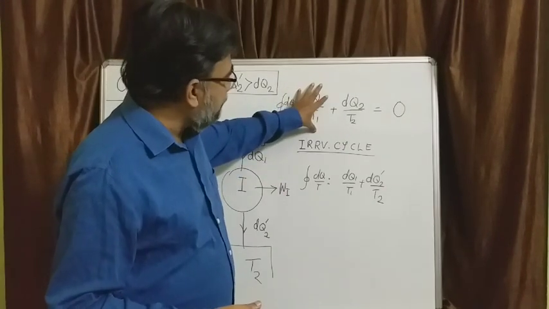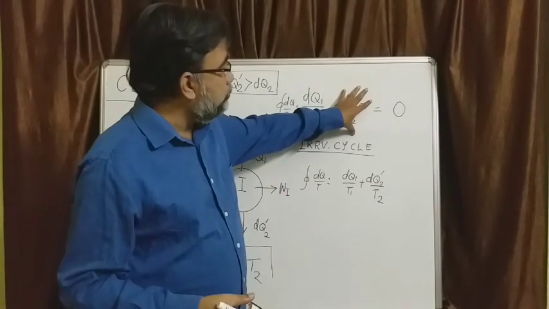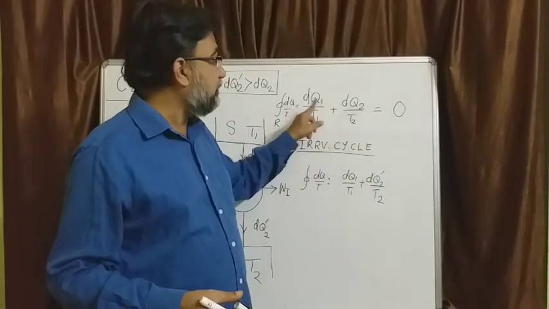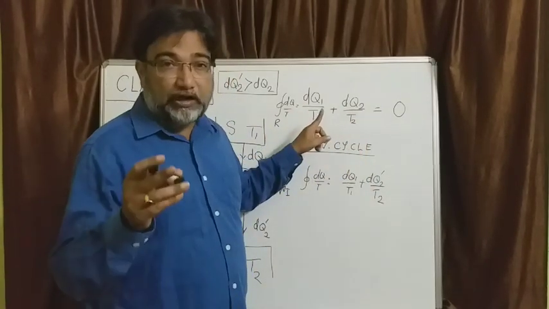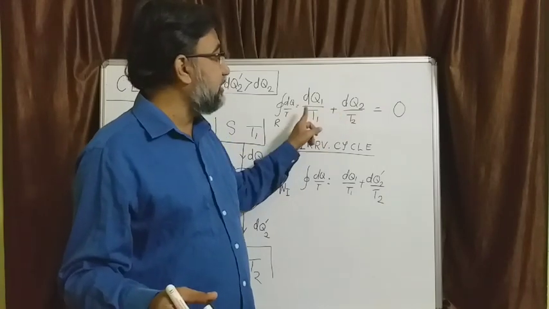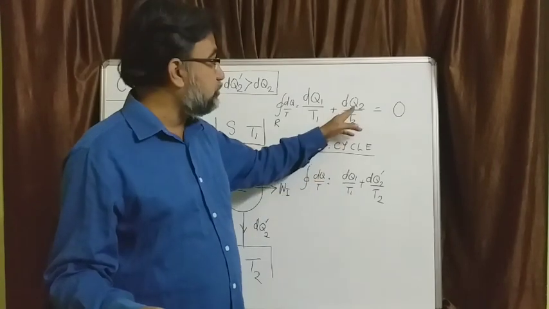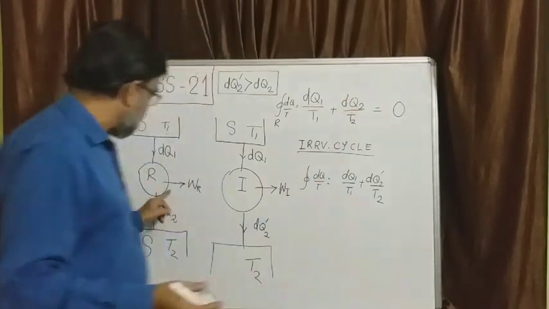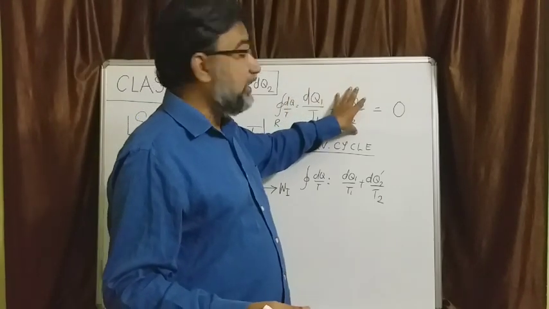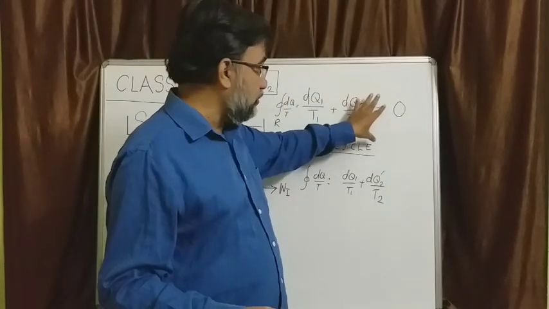See, the first term, dq1 by t1 plus dq2 by t2, is equal to 0. There is a plus sign here, but two positive things cannot bring 0 as a resultant. So one of them is negative, and you know which one is negative. This one is negative because it is the heat rejected to the sink. So dq1 by t1 plus a negative term dq2 by t2 is equal to 0.